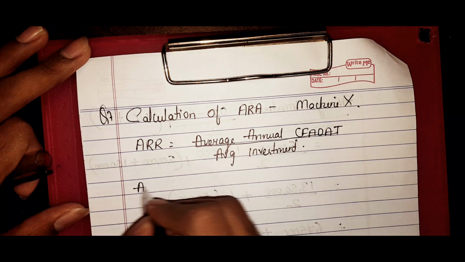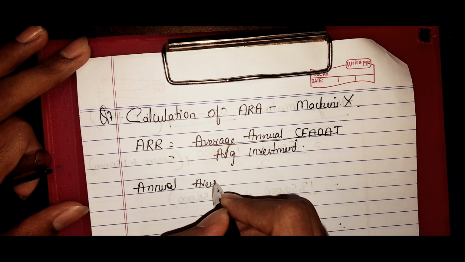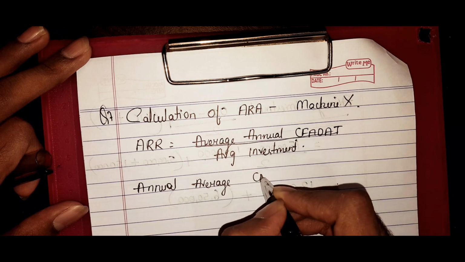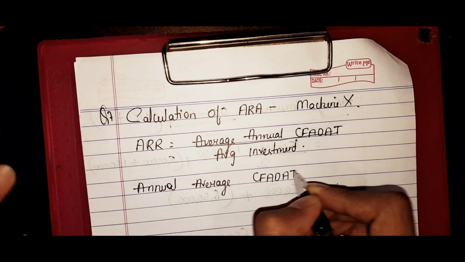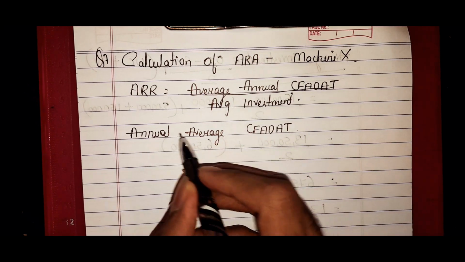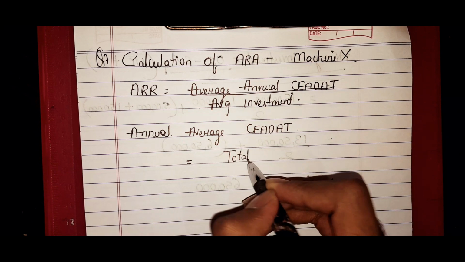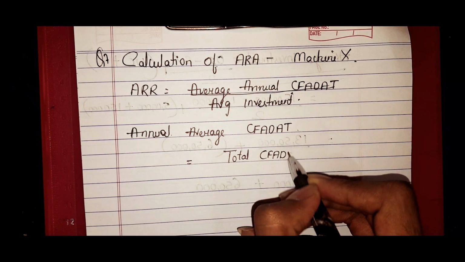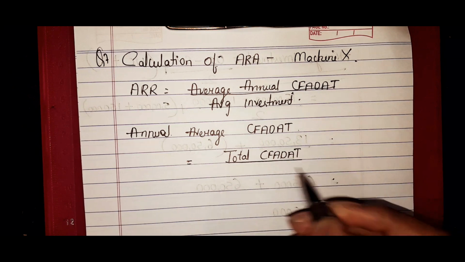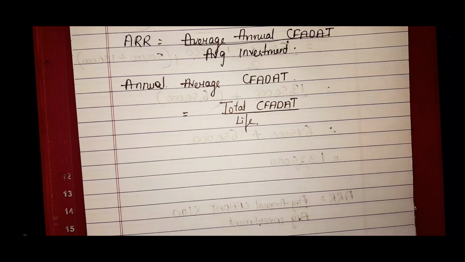Now first let us calculate the average annual CFADAT. So the formula to calculate average annual CFADAT is equal to total CFADAT divided by life, life of the asset or number of years.